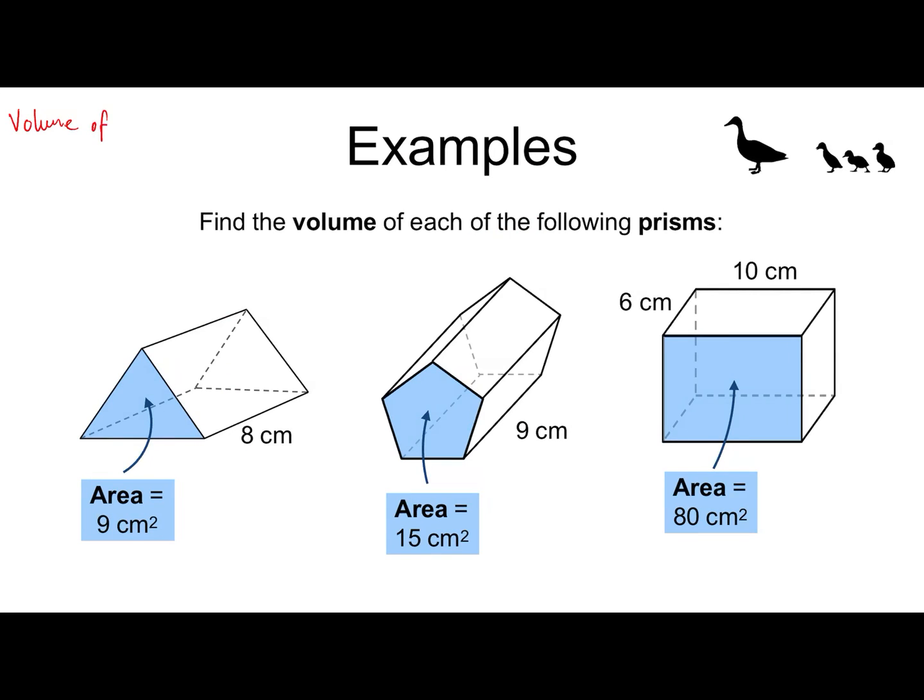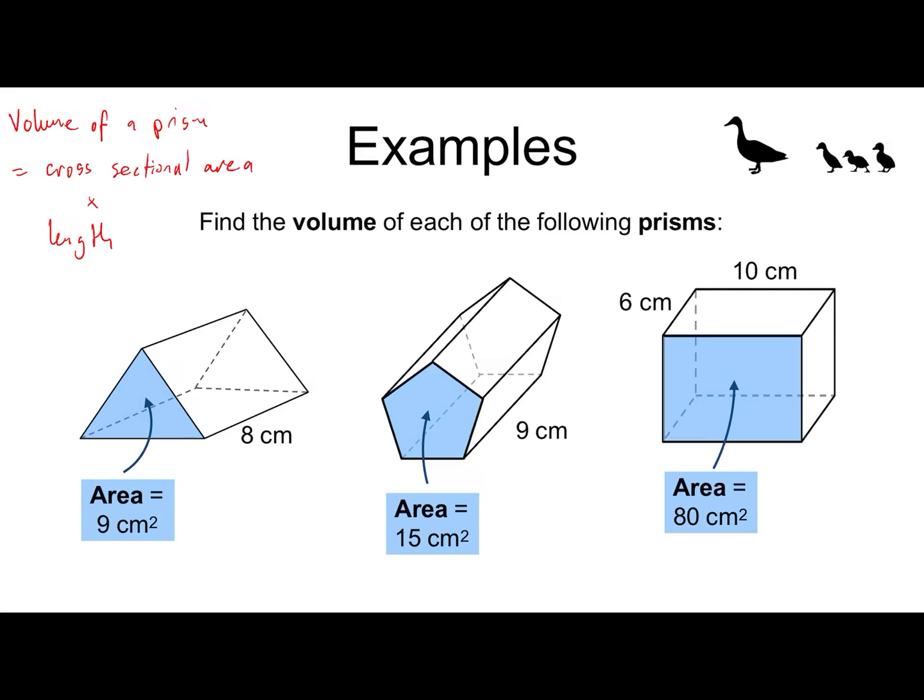It has a formula. You might want to write this formula down. The volume of a prism is equal to the cross-sectional area times the length, or the depth or the height or whatever.